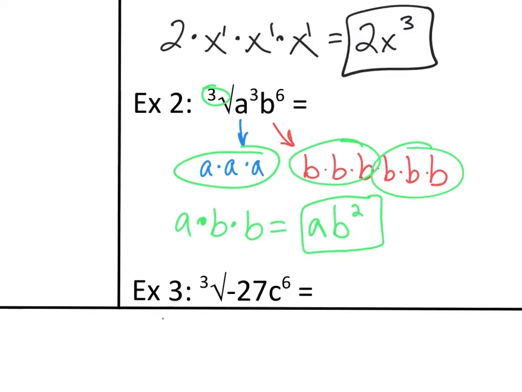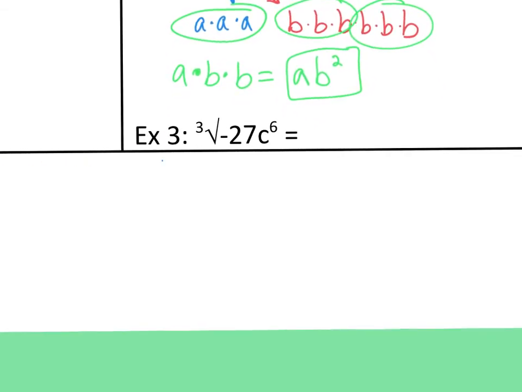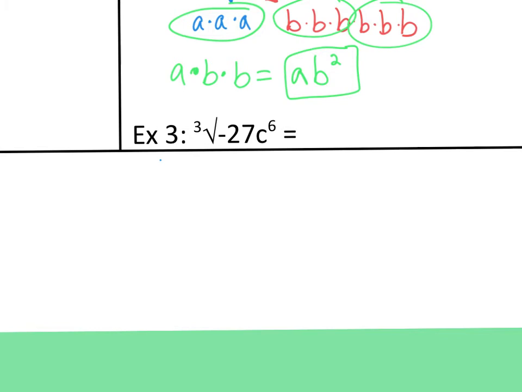Okay, looking at example 3 now. The first thing I notice, what's the first thing you notice? It's a negative, okay, but is this negative okay? Is this one going to be imaginary? How do I tell?